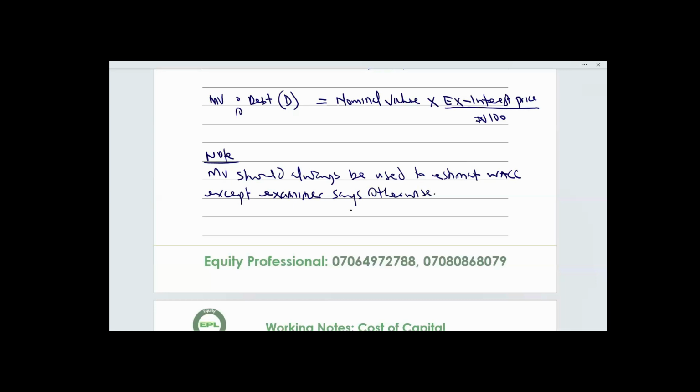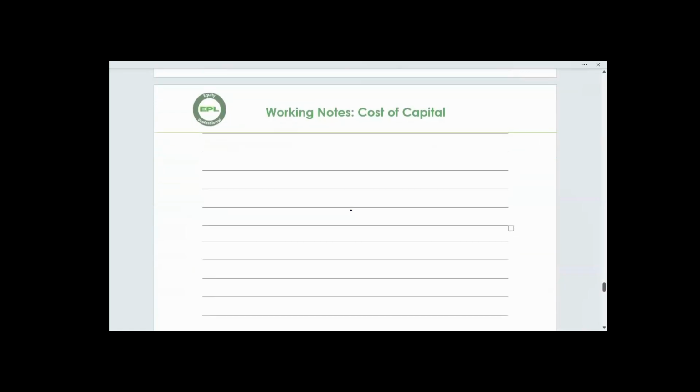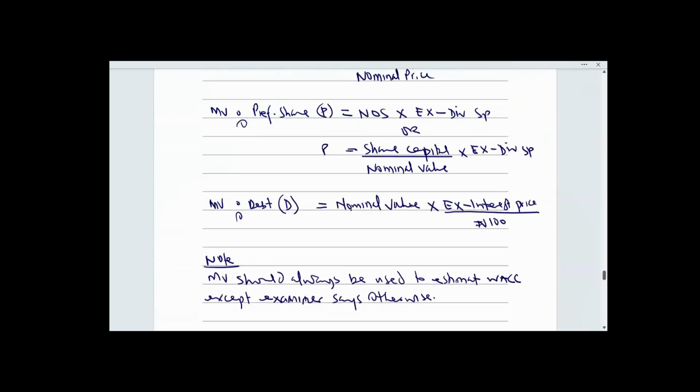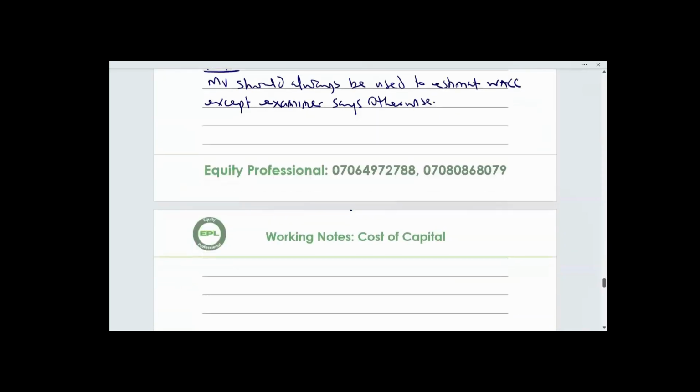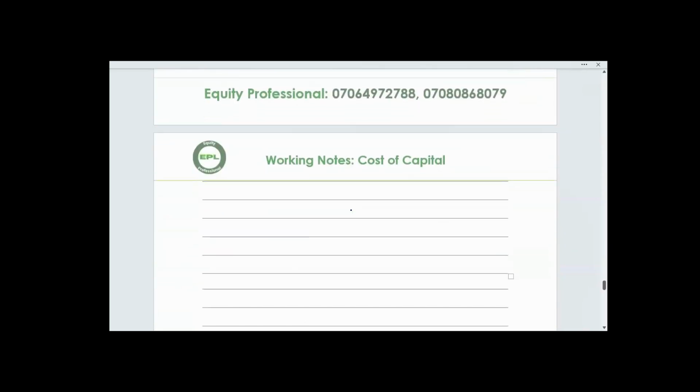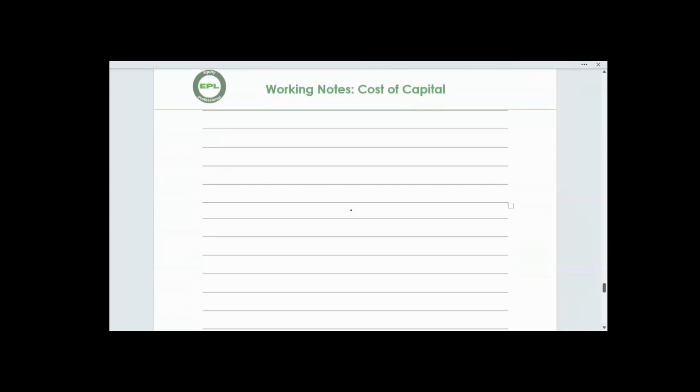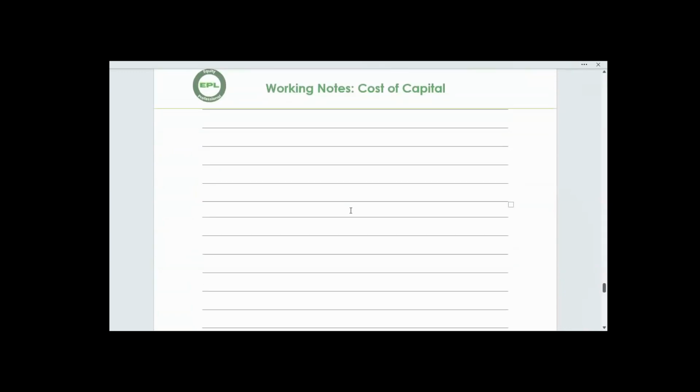At times, examiner can ask you to use book value. Whatever the case may be, it should always be market value. So what that means is that you are going to do your working first. All this formula that I gave to you is what you are going to use to calculate your market value. Then thereafter, you are going to use the market value to form the proportion of equity, proportion of debt, proportion of preference share. You then multiply with the cost of individual source of finance. Okay, so let's talk about book value.